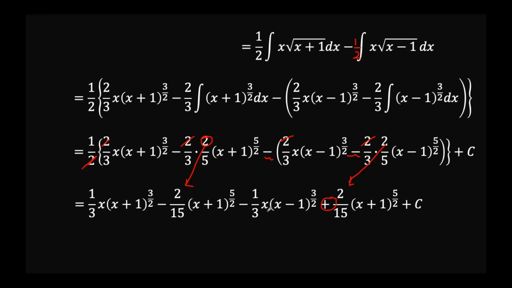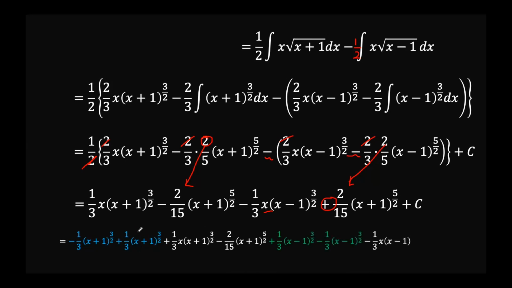Now, we could play some more tricks here to try and eliminate this x there, and that is we have a redundant negative 1 over 3 (x plus 1) to the 3 over 2 plus 1 over 3 (x plus 1) to the 3 over 2. So this would cancel out, but we're playing around so that we can add these two together so that eventually we can eliminate this x.